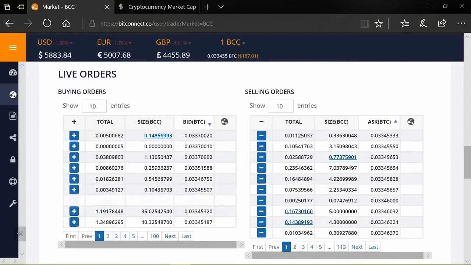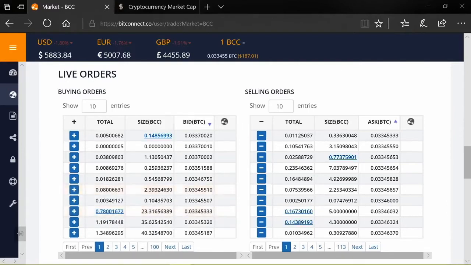So the ratio here, you can see the ratios between BitConnect and Bitcoin. Now this is the Bitcoin ratio for BitConnect, 0.33700020, and the trades underneath it are lower and lower and lower. So it looks on face value that the first trade is actually the highest, and why would you want to buy high? The difference between the ratio is an inverse proportionality.